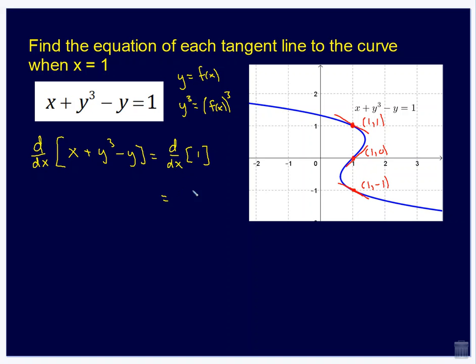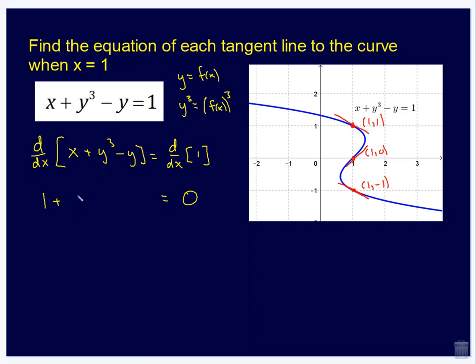And on the right side, the derivative with respect to x of that constant will be 0. On the left, the derivative of 1x will be 1. The derivative of y cubed, here's where you think of it as a function cubed, and this is the chain rule, where the cubed function is the outer function and the function f of x is the inner function.